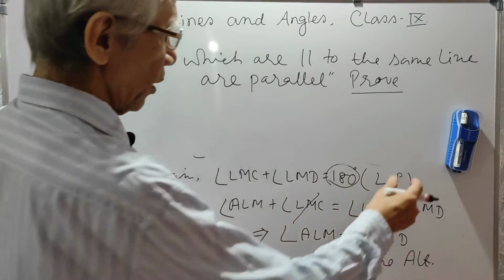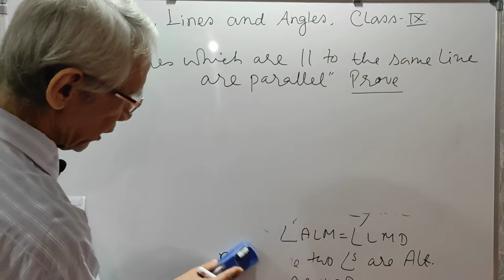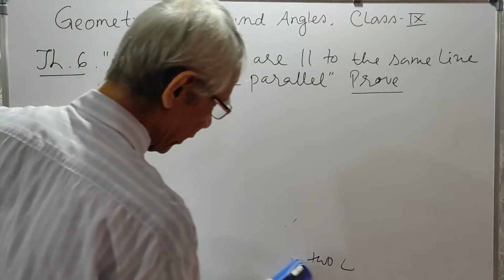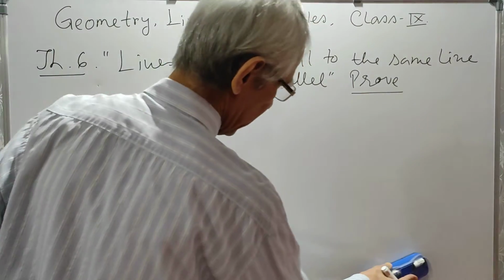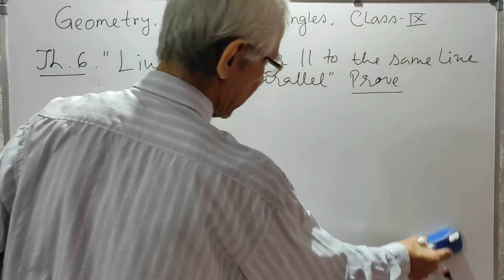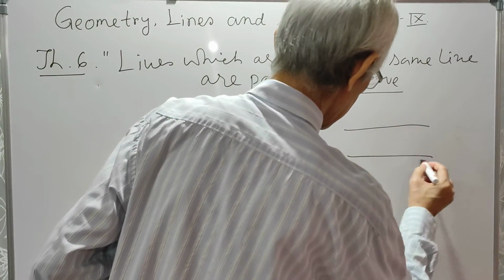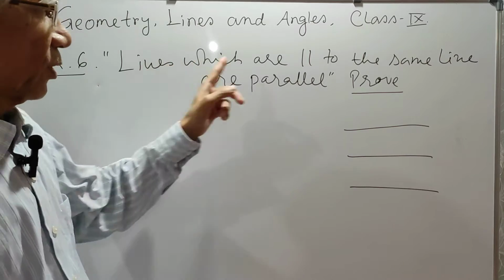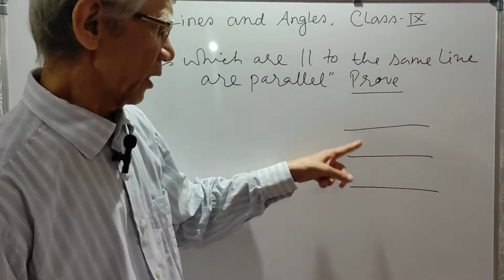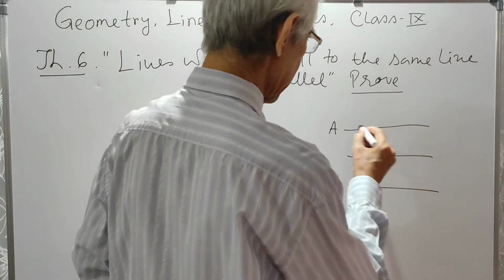Okay. Now, what is given and what to prove? So I think you have already understood. What is given here? Two lines are given which are parallel to a third line. So there are 3 lines in this question. So here we take 2 lines and then a third line, same line. So this parallel to this and this parallel to this. So what is given?